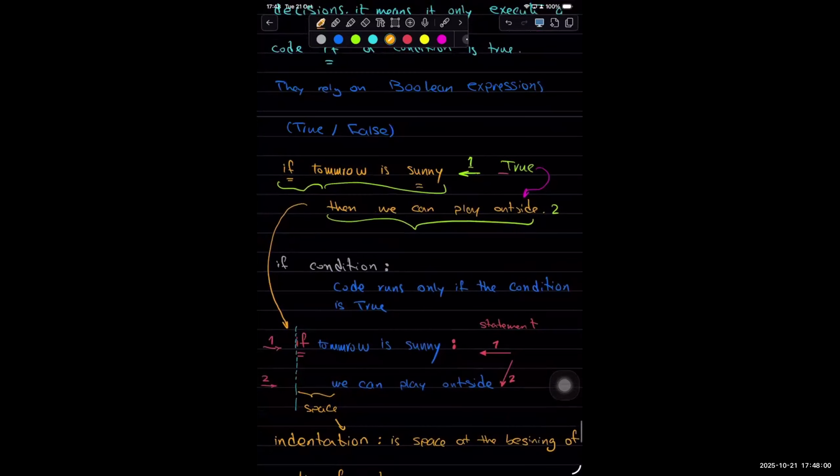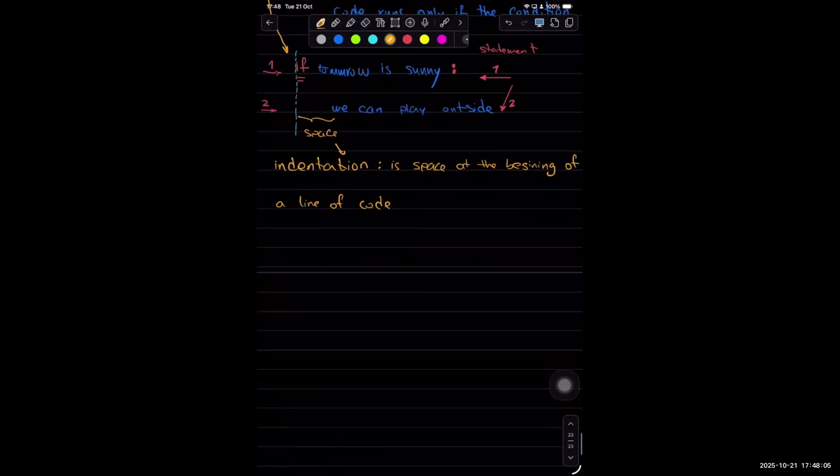Imagine I extend this sentence here. If tomorrow is sunny, let me expand it. If tomorrow is sunny and if tomorrow is Sunday, then we can play outside.